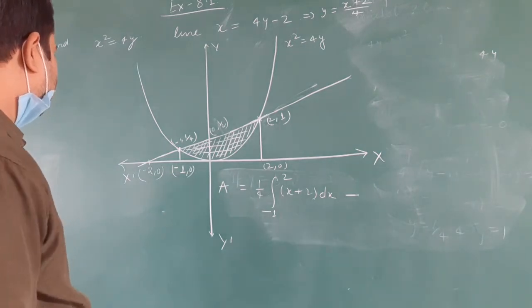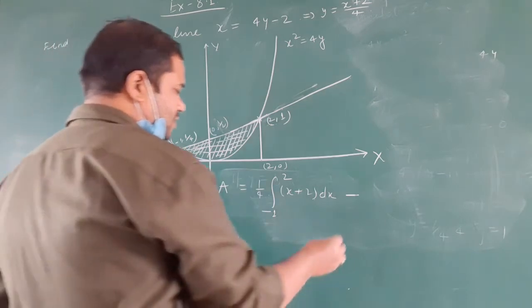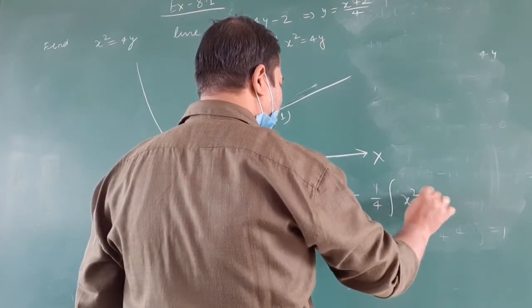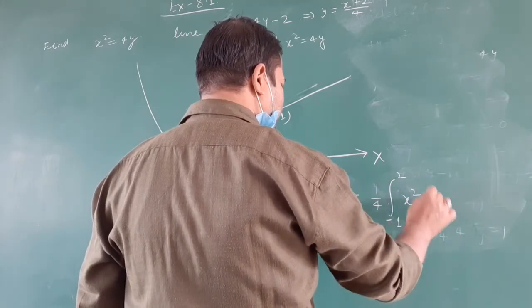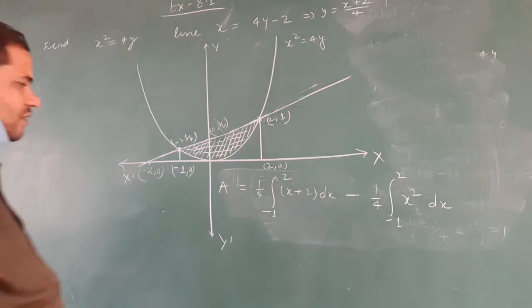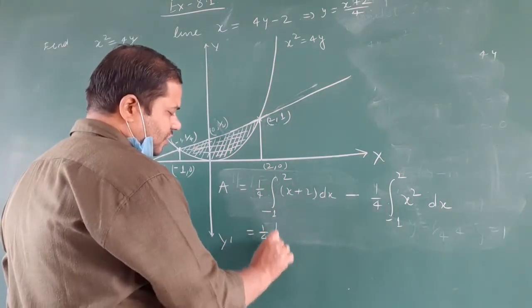So we will get what? y is equal to x square by 4, so the integral of 1 by 4 x square from minus 1 to 2 dx. Now you calculate it and get the answer. 1 by 4 is common.